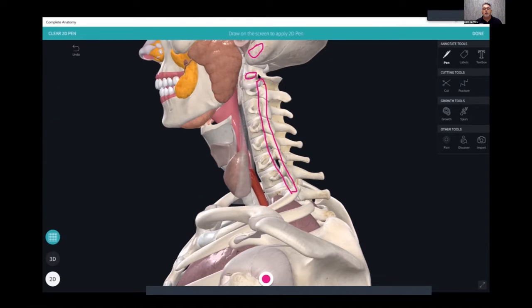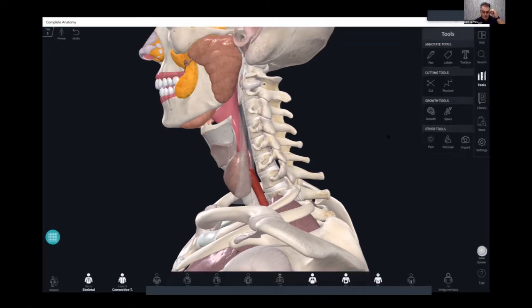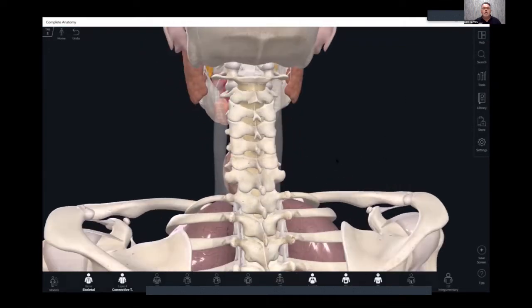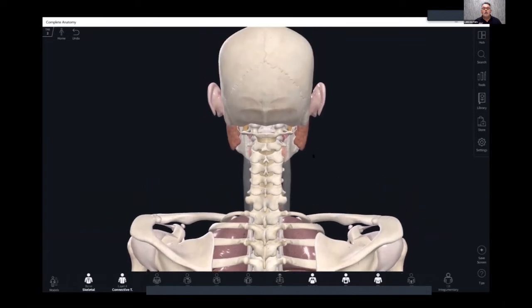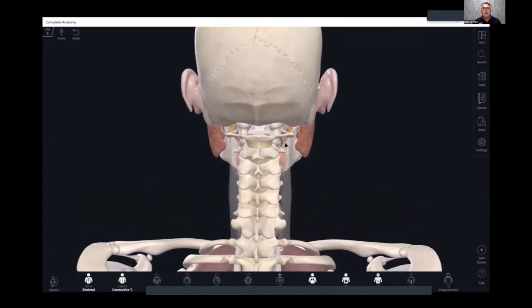It can be tender, especially if someone is having some posterior lateral symptoms, but that is going to be an important landmark for us to discover a little bit later. So let's move from here. Let me clear that, and we will move posteriorly now, and let's evaluate some of our important landmarks here.